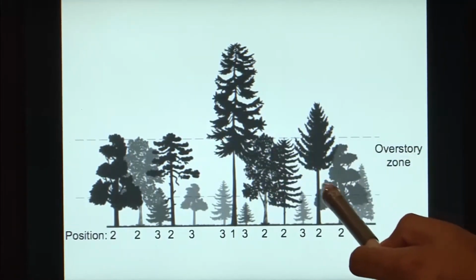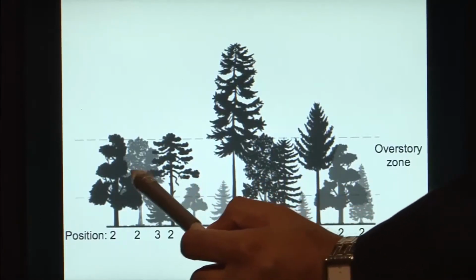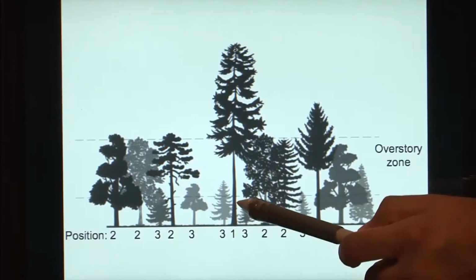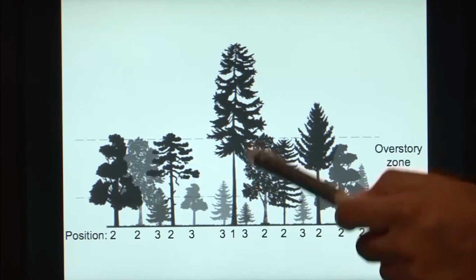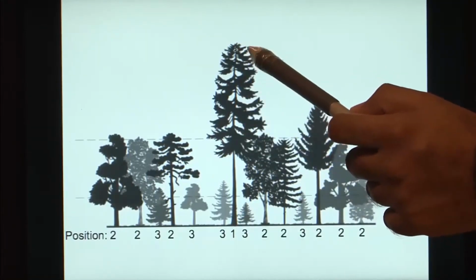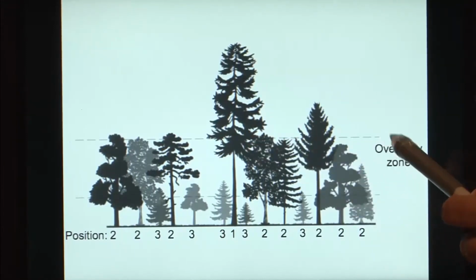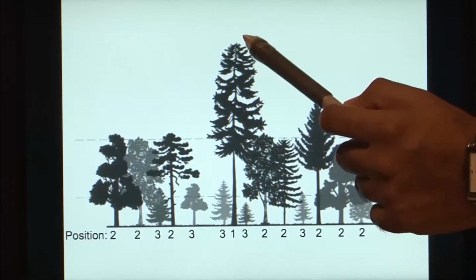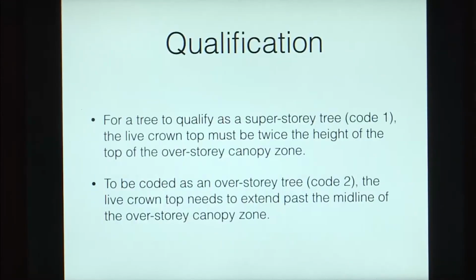Then we have also figured out this line, which is the 50% line. Now, this large tree with the code of 1 is given this code because the top of its crown is twice the height of the overstory zone. Then we will call it a tree of code 1.